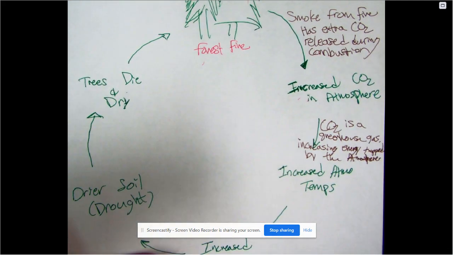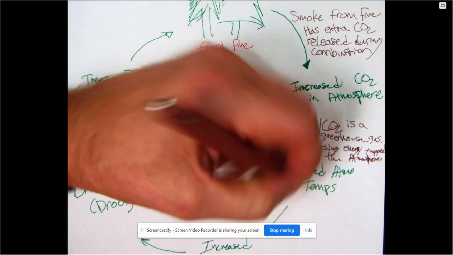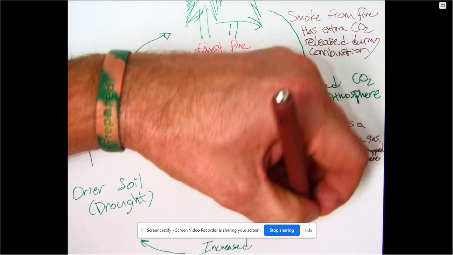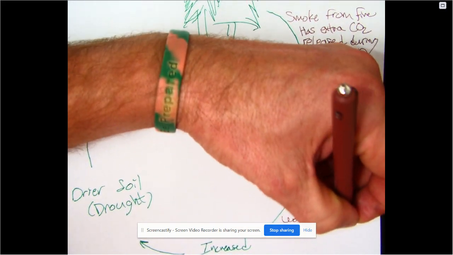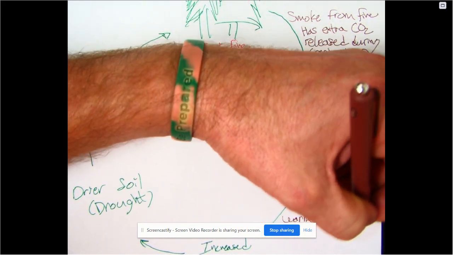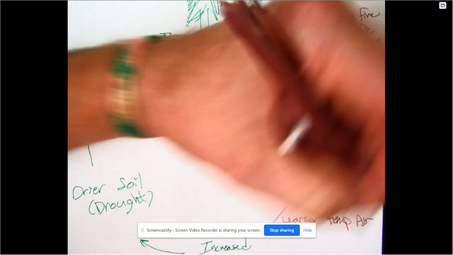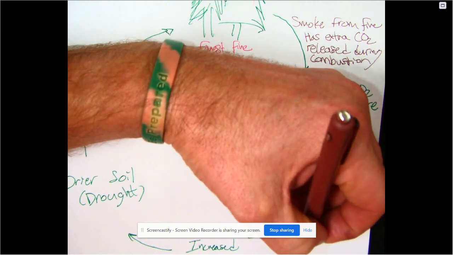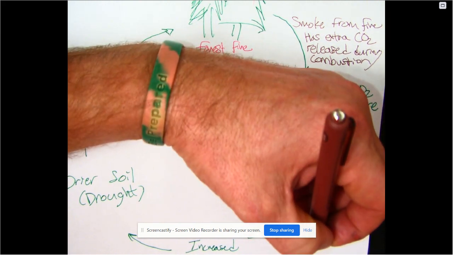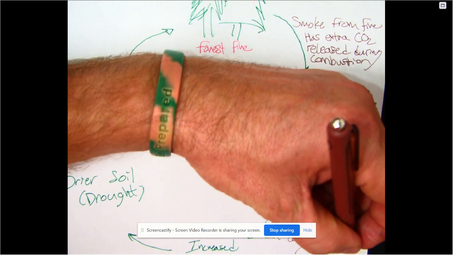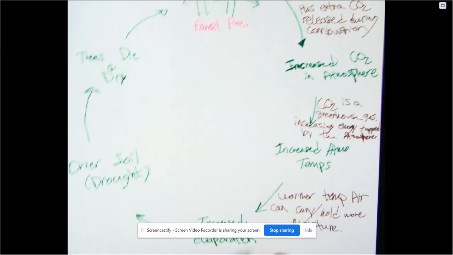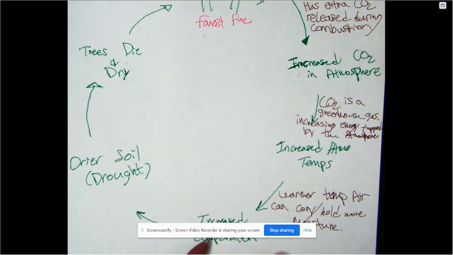Okay, now increased temperature causing more evaporation. We know that warmer temps, air, and carry slash hold more moisture or humidity. Okay, so warmer air can hold more.